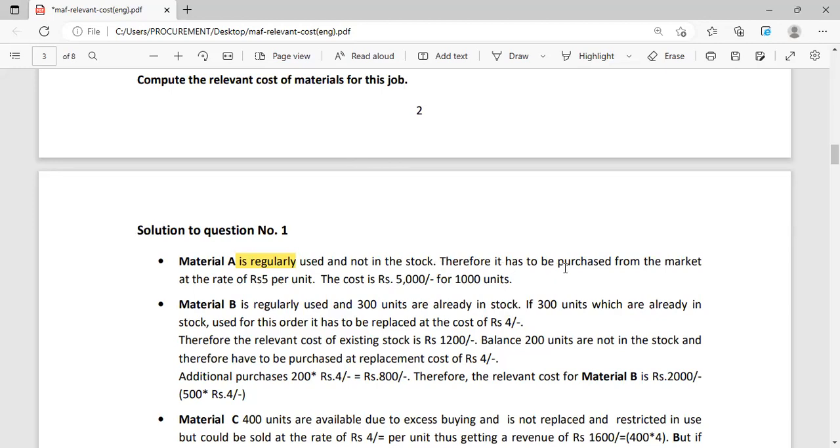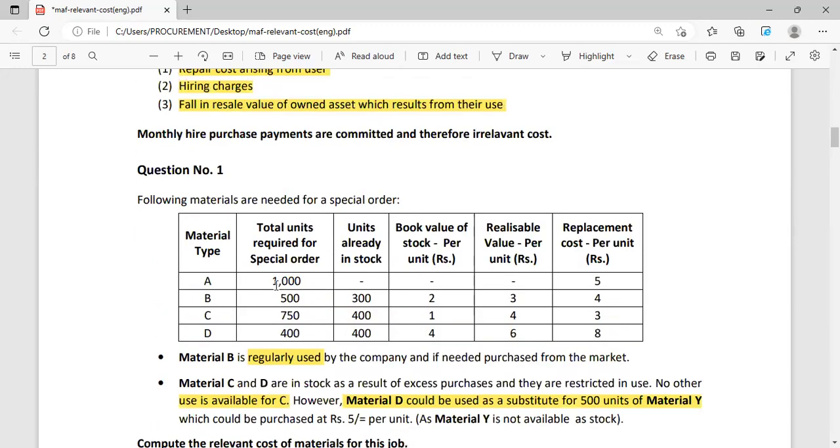Therefore, it has to be purchased from the market at the rate of 5 naira per unit. We need 1,000 units of material A. And how much can you replace it for at the moment?